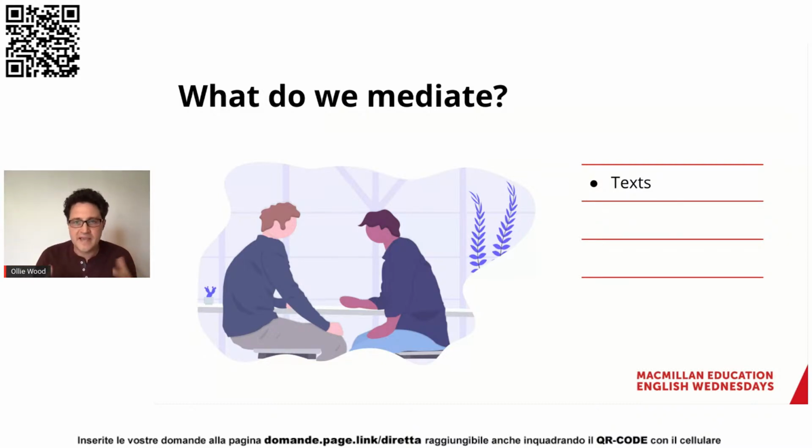Now, to mediate texts successfully, the mediator will need to carry out certain mediation activities, like, for example, relaying specific information, taking notes, showing criticism, or even comparing things and giving their opinion at times.